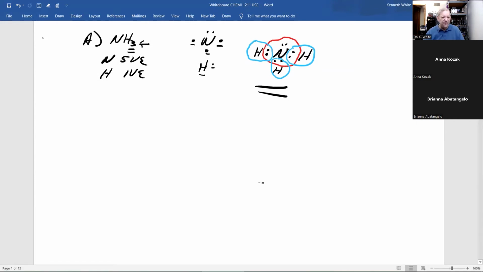Now, just for reference, these are the non-bonding electrons.